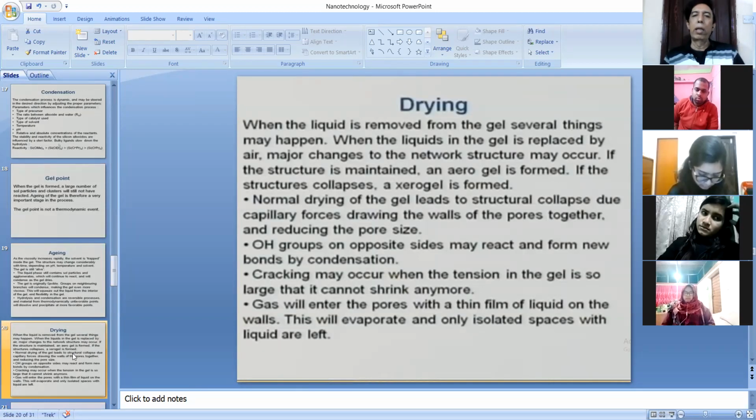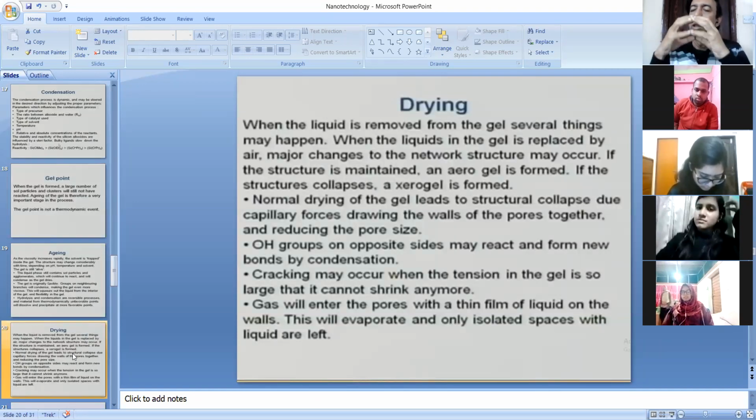When the three-dimensional structure of a gel is collapsed, then we call it xerogel. But if air replaces the solvent, then the three-dimensional network will not collapse, and we call this structure of gel an aerogel.